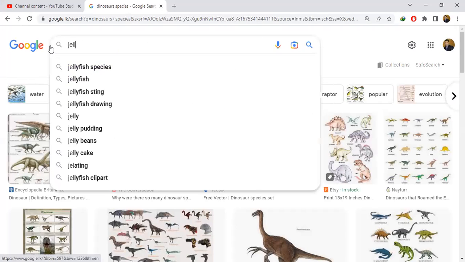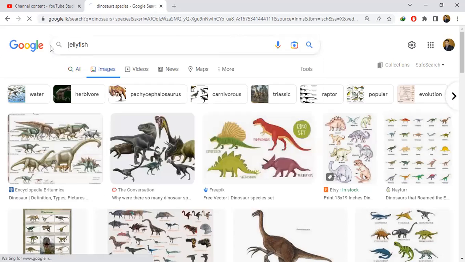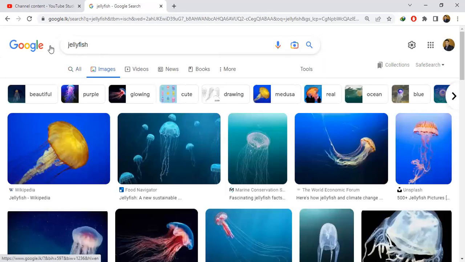Now they have given this one. They say one example. This is jellyfish. It is getting the name fish in the last, correct? Yes, sir.